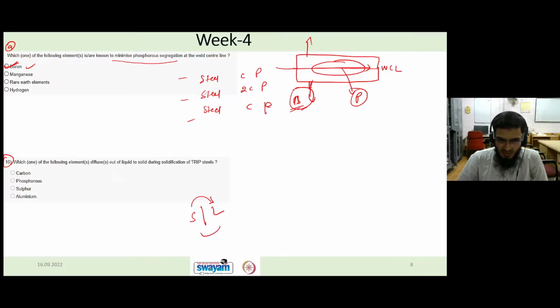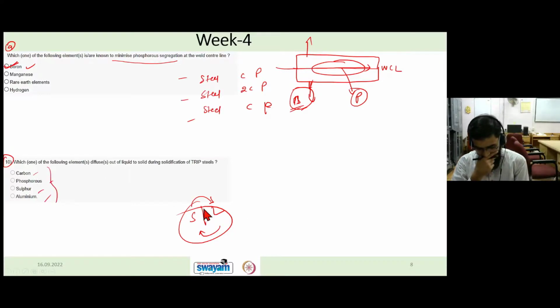That is the reverse, in strip steel. So it's a kind of exception, and due to this we get poor mechanical property. So whether it's carbon, phosphorus, sulfur, or aluminum, which element partitions from liquid to solid, you have to tell.